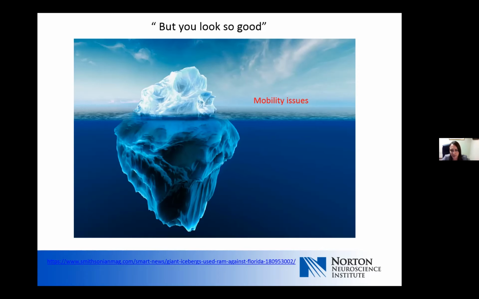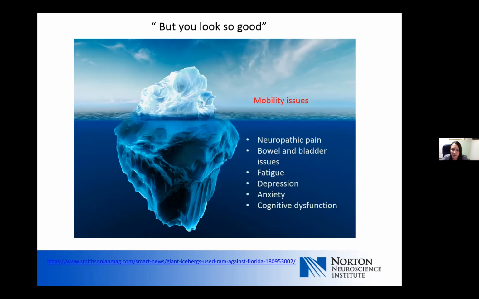They're obvious to other people. But when you look below the iceberg, they have a lot of other symptoms that can also be really disabling and terrible for them, including neuropathic pain, bowel and bladder issues, severe fatigue, depression, anxiety, and cognitive dysfunction, which can all be very bad and can actually take the patients out of the workforce as well.